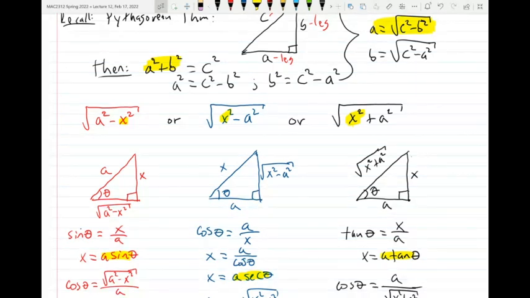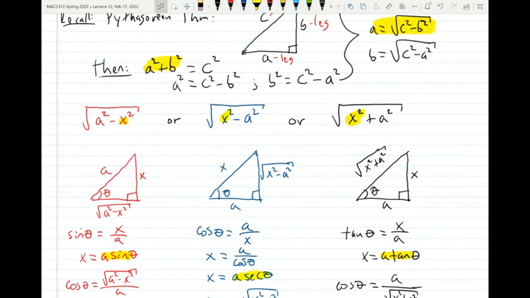I just like to stick with the same substitution all the time, otherwise we're interchanging and so on. So I prefer to put it in the opposite. If you like adjacent, by all means, you can do it. It has to be consistent with everything else that you write after that. The same thing applies for the other two. The position of what's happening inside the radical tells you which one is the hypotenuse and which one is one of the legs. Did you understand this?